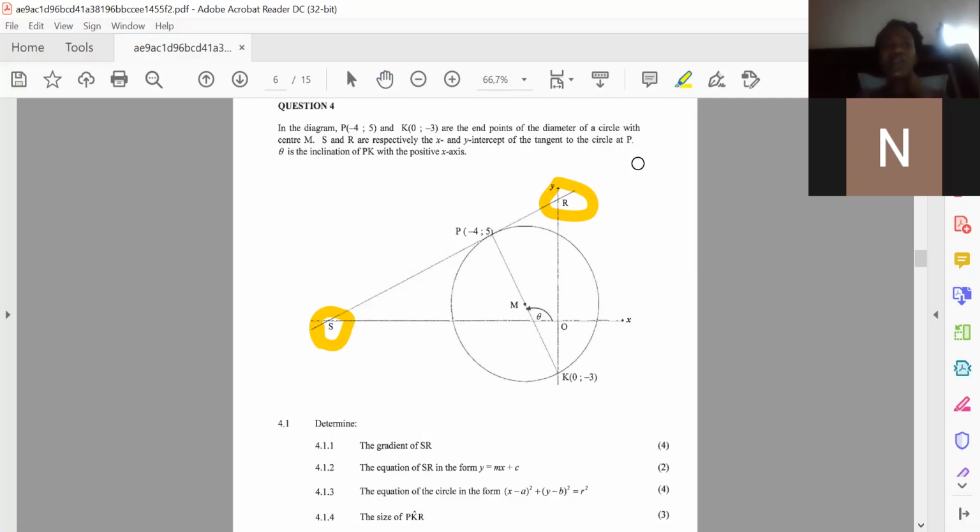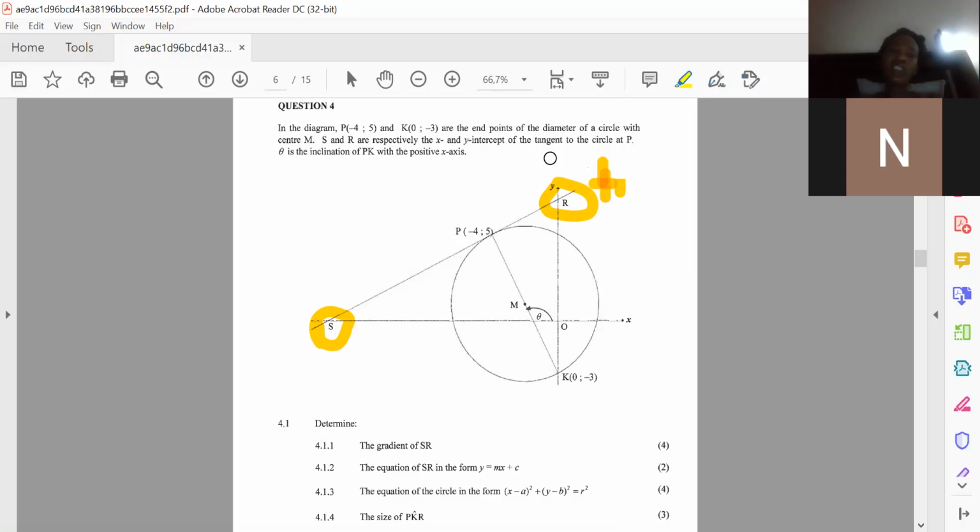And then they say theta is the inclination of PK. Remember we said that angle of inclination, tan theta. So that's the angle of inclination.